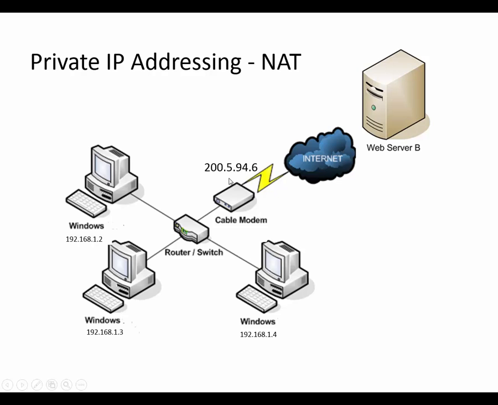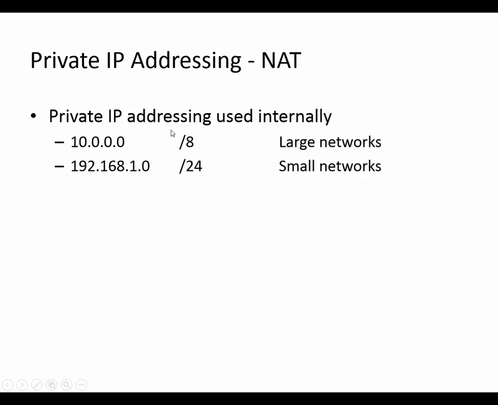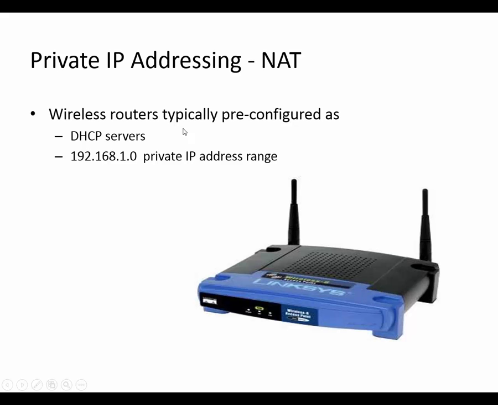So you can use NAT for large organizations and for small organizations. Large organizations tend to use a Class A IP network, such as 10.0.0.0 with a subnet mask of /8. That's used for large networks. And the IP address range 192.168.1.0 with a subnet mask of /24, which is a Class C IP address, is typically used for small networks, for small offices, and for home offices.